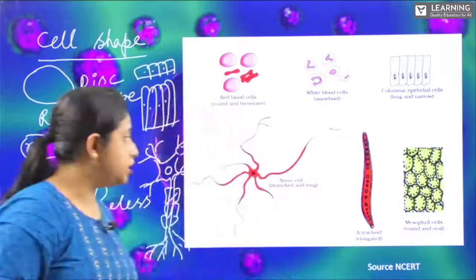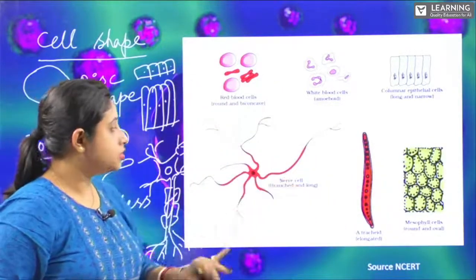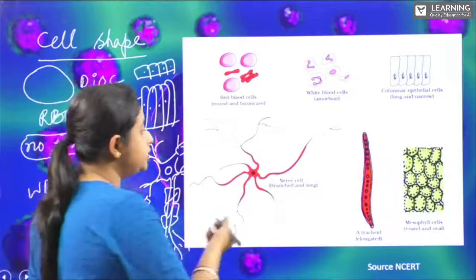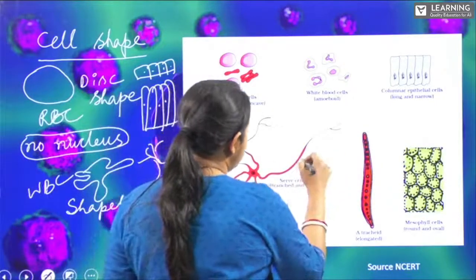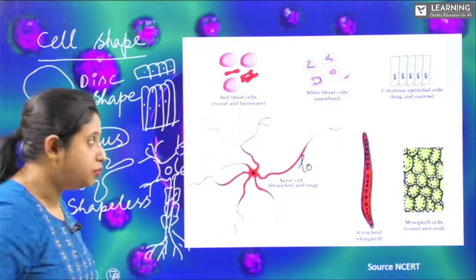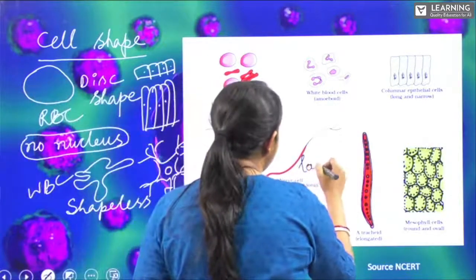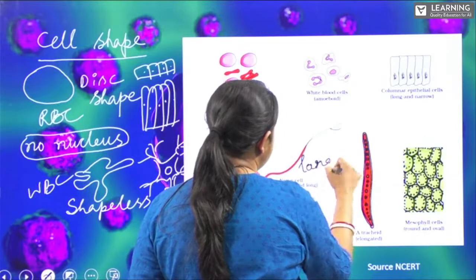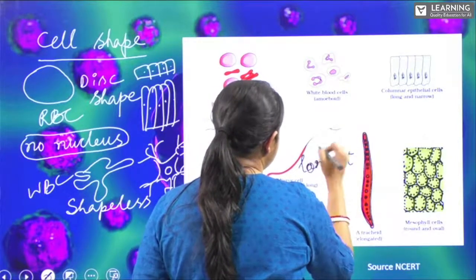You can clearly see how the nerve cell looks like. They are branched and long. It is the largest cell in the body, the longest cell.